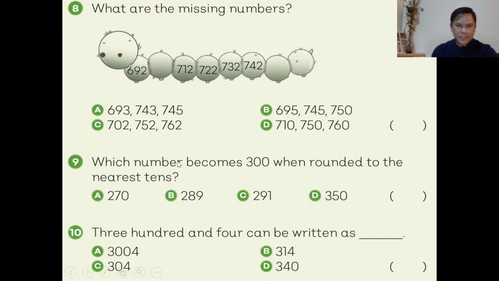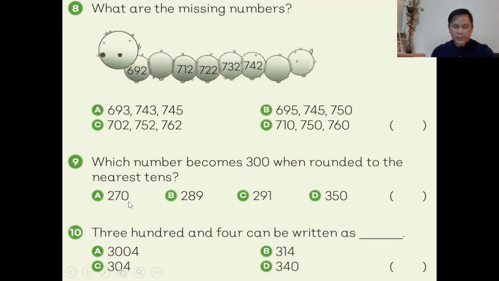Number 9. Which number becomes 300 when rounded to the nearest 10? Okay, if we round to 300, in the nearest 10, what is the answer? Is it A, 270 equal to 300? Nearest 10, when we say nearest 10, we look at the tens and ones.